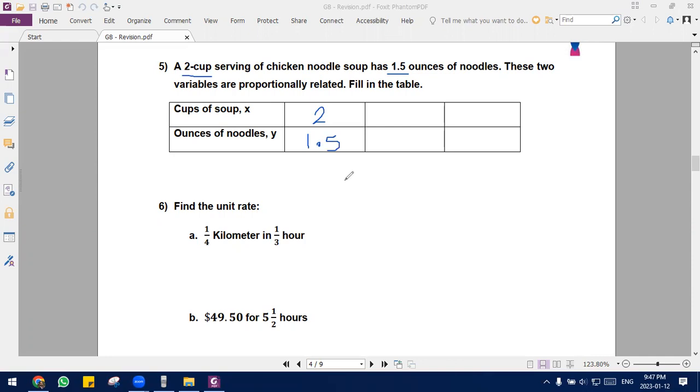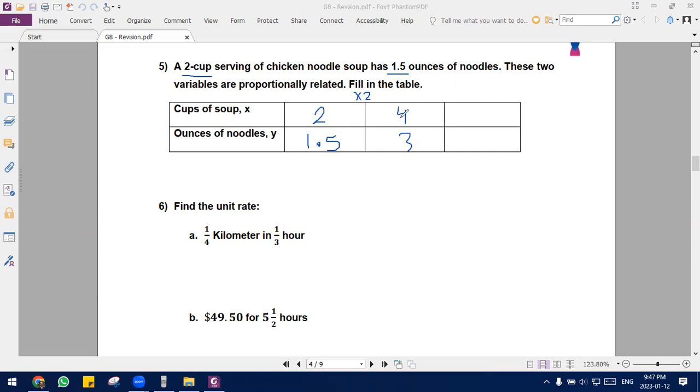So here we don't have extra information. It only says fill the table. So you can just multiply by any value that you need. So if I multiply it by 2, 2 cups will be 4. And 1.5 ounces will be 3. Then you can multiply by 4 or just add another 2.